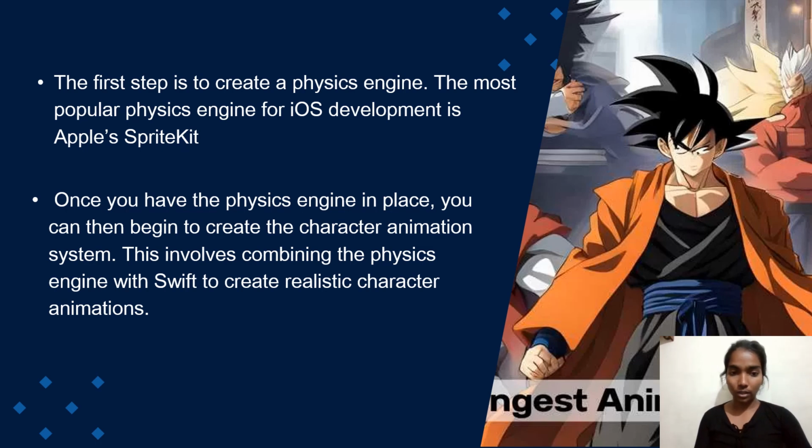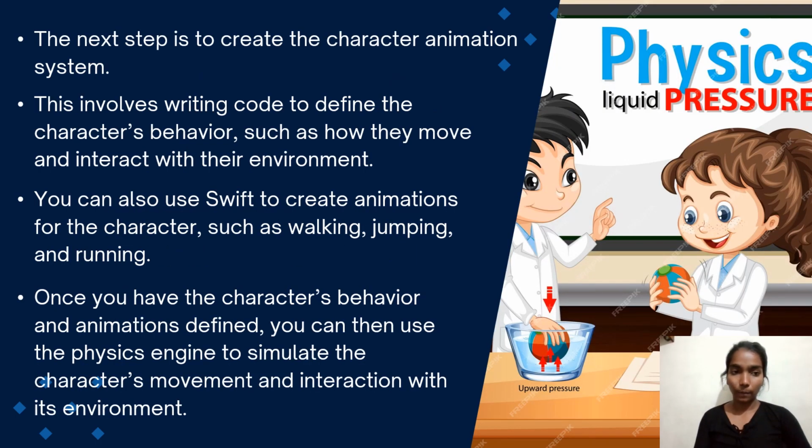Once you have the physics engine in place, you can then begin to create the character animation system. This involves combining the physics engine with Swift to create realistic character animations. The next step is to create the character animation system. This involves writing code to define the character's behavior, such as how they move and interact with their environment.